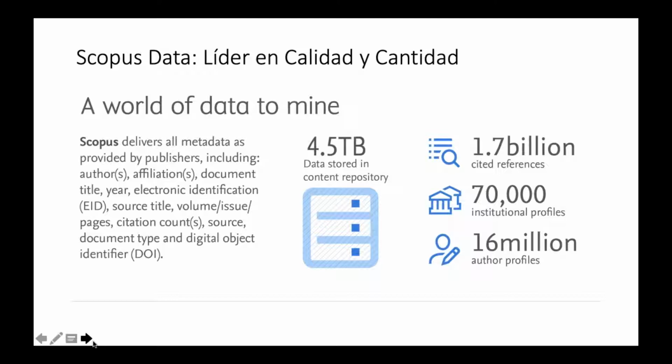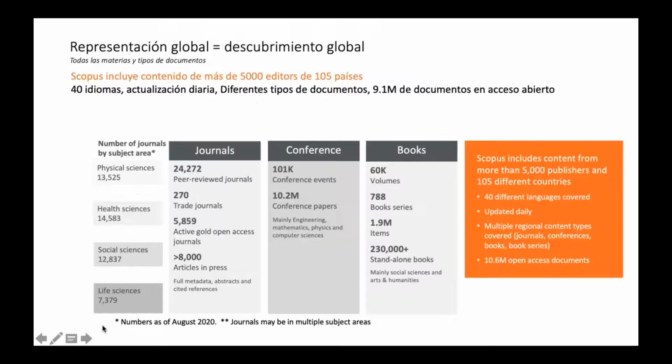So now I'm going to show you this. It's the breakdown of the content of Scopus by document type: books, conferences, and journals.